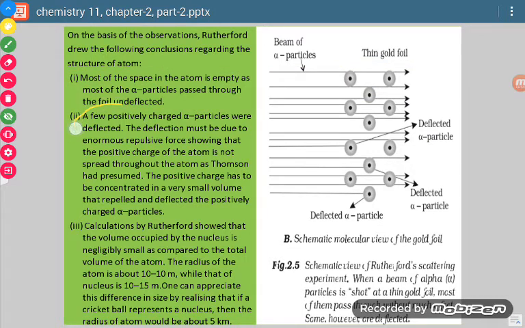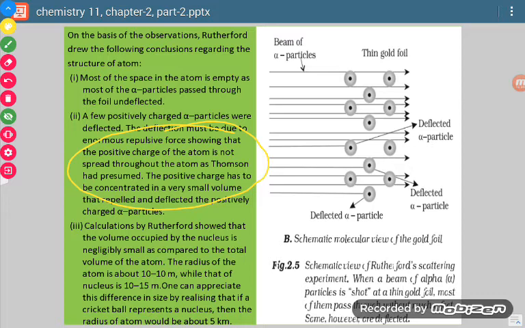Now a few positively charged alpha particles were deflected by a small angle, just like this one or this one. They were moving like this, and now they are deflected by this angle. This is the angle of deflection. Why does it happen?